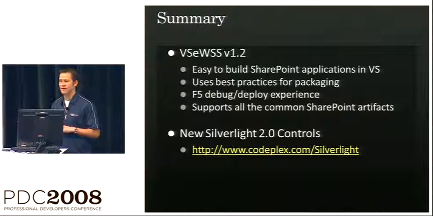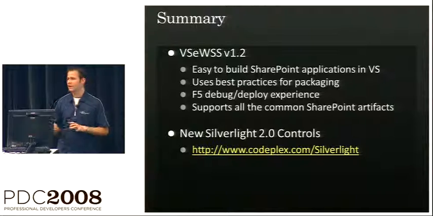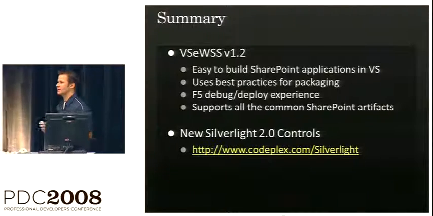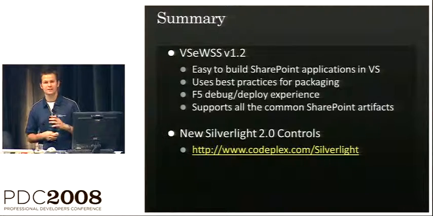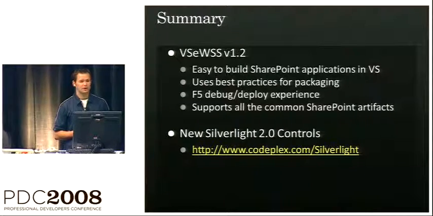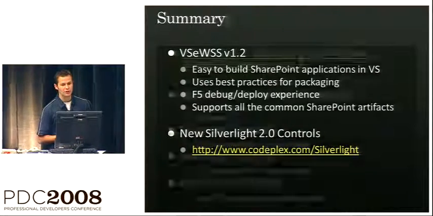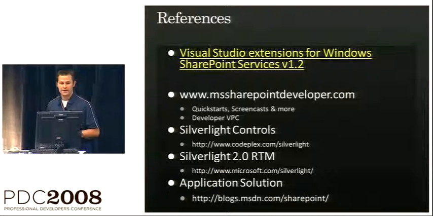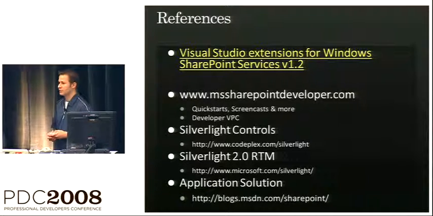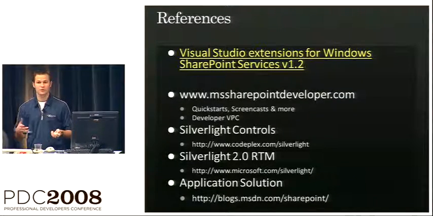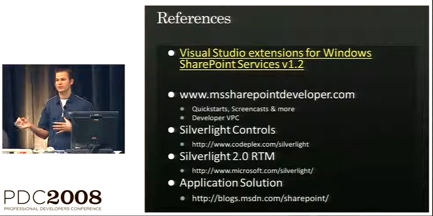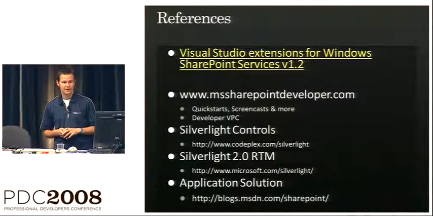You get that seamless F5 debug experience, and we get all of the common SharePoint artifacts like lists and libraries and web parts and so on. You can go and get the new Silverlight 2.0 controls from codeplex.com/Silverlight. You can go and grab the code, or you can get them pre-compiled, and they're simply just DLLs you include in your project.